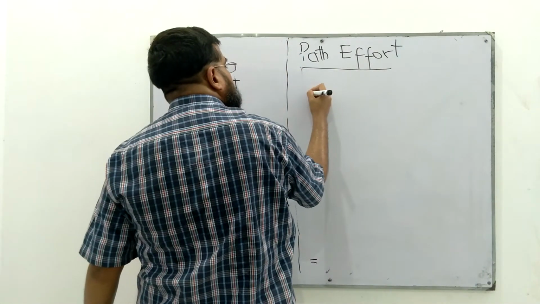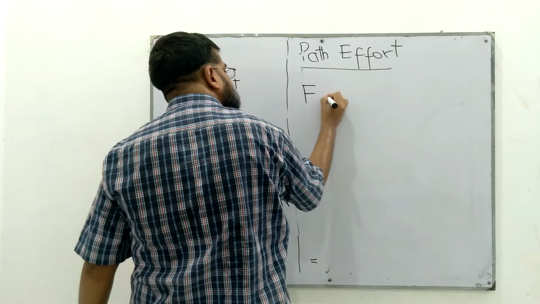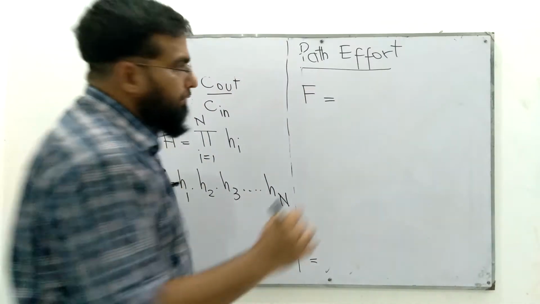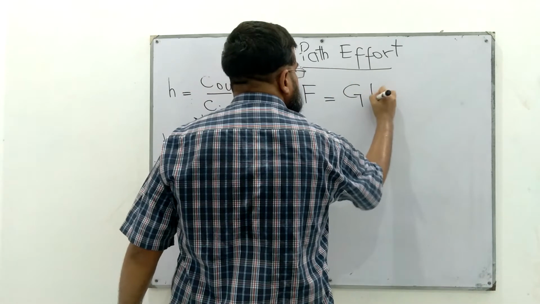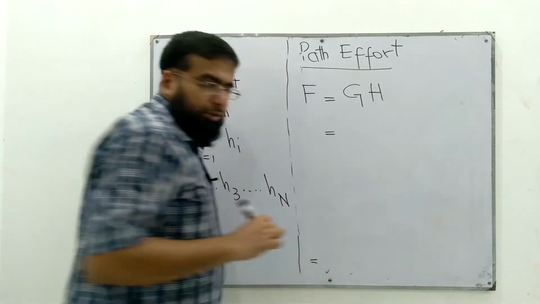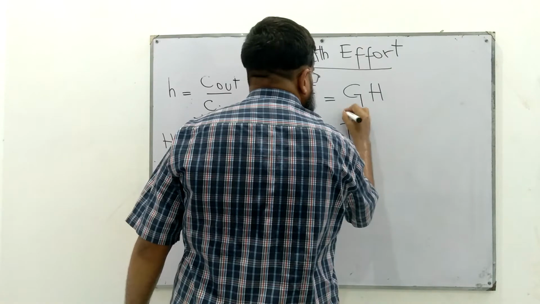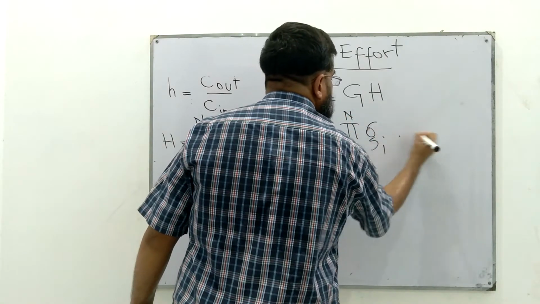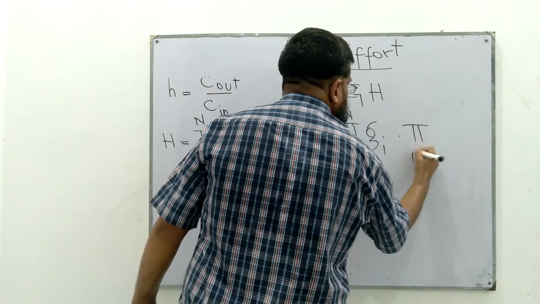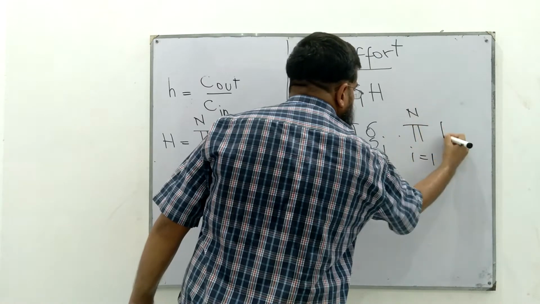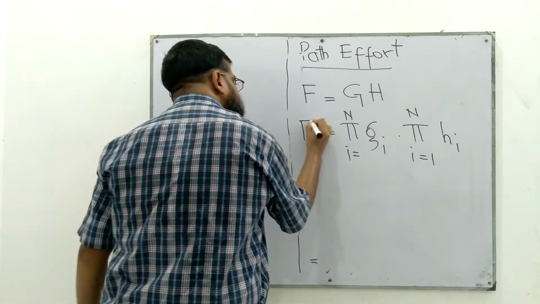Path effort is represented by capital F, which is capital G times capital H, where capital G we already know is the product of g i from 1 to n, and capital H is the product of h i from 1 to n.